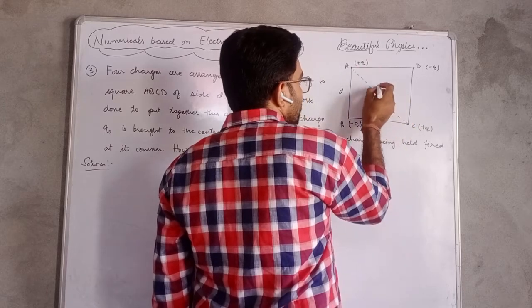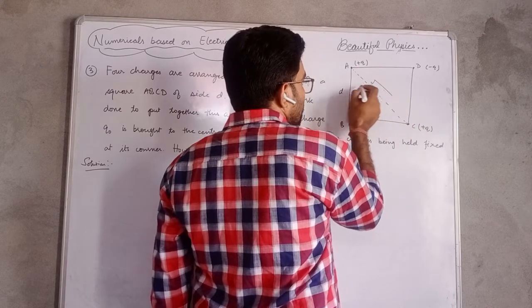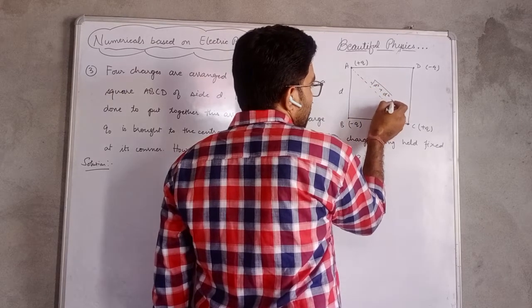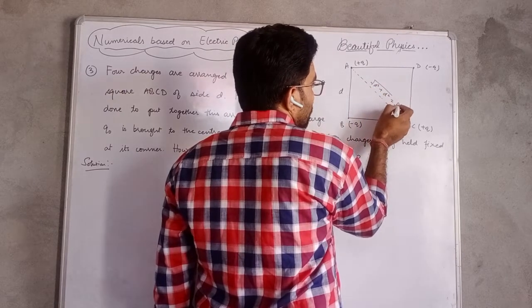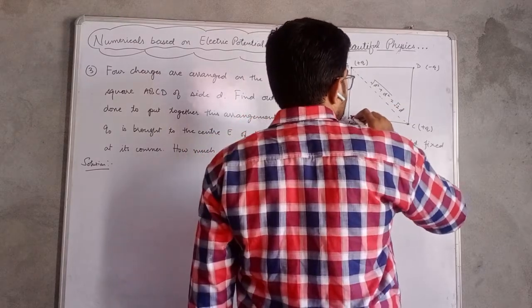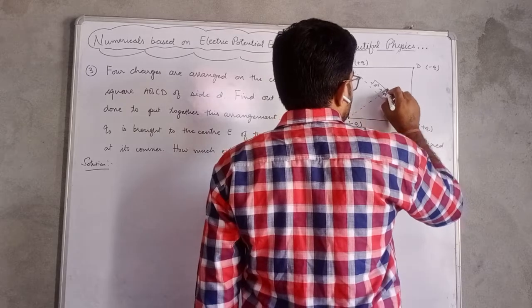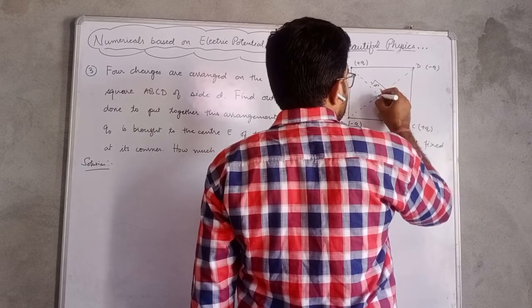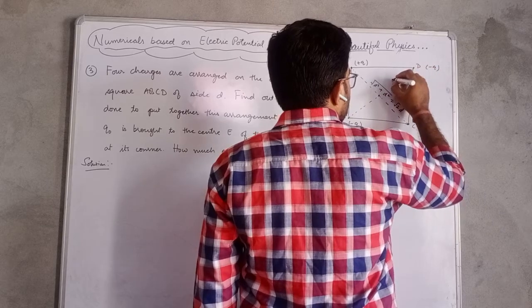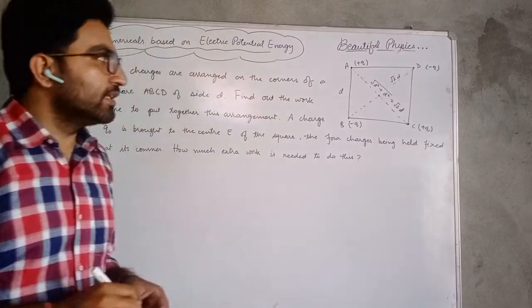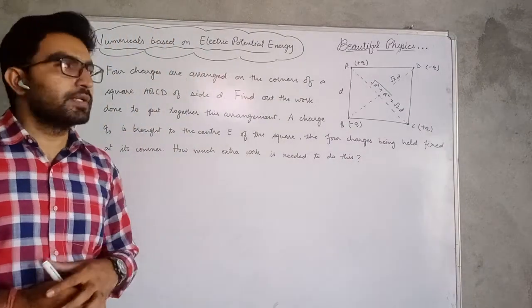This will be equal to square root of d square plus again d square, and it will be equal to square root 2 d. Okay, and also the value of BD will be same, square root 2 d, because the diagonals of a square are equal.